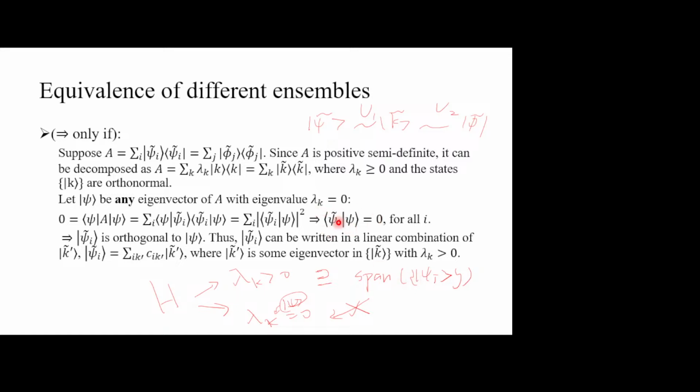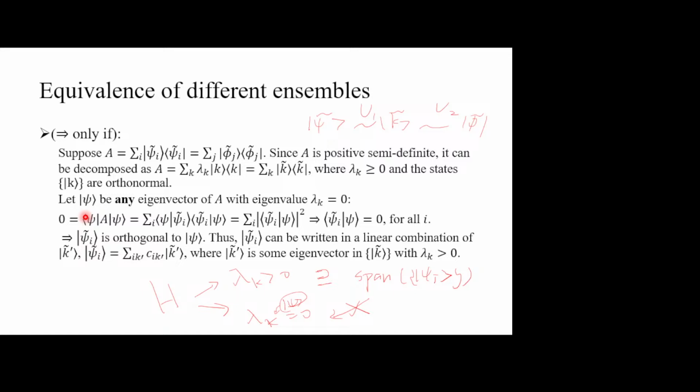We are going to show this equals 0 by calculating it. Say phi is some eigenvector with eigenvalue 0. Then we take the summation on A, and by definition, because A phi equals 0, this is equal to 0.